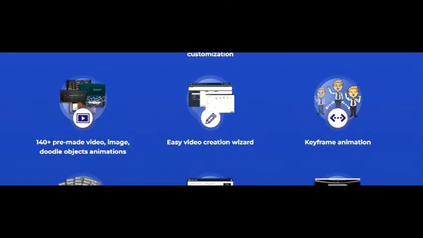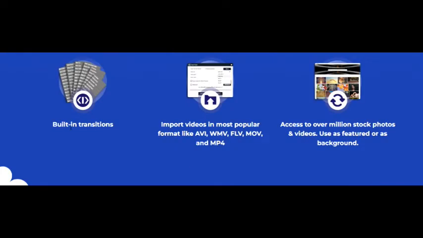You also get access to 140 plus pre-made video, image, doodle objects, animations, easy video creation wizard, keyframe animation. Built-in transitions, you can also import videos in most popular formats like AVI, WMV, FLV, MOV, and MP4. You get access to over millions of stock photos and videos, which you can use as featured or as background.